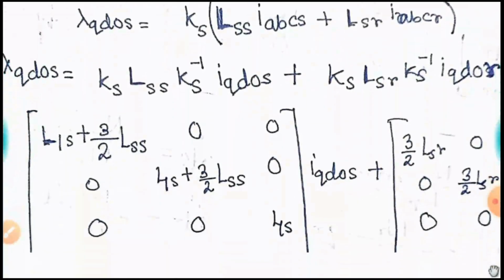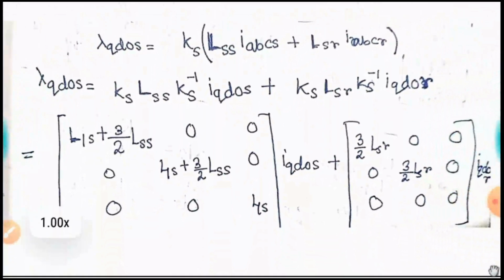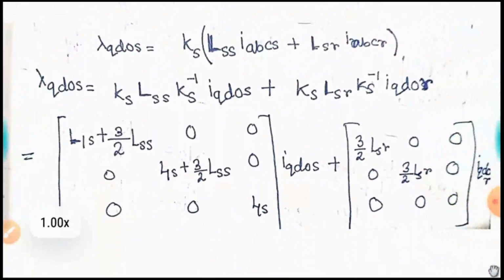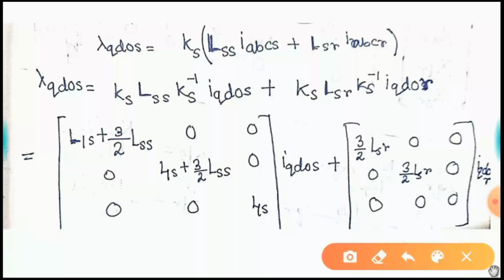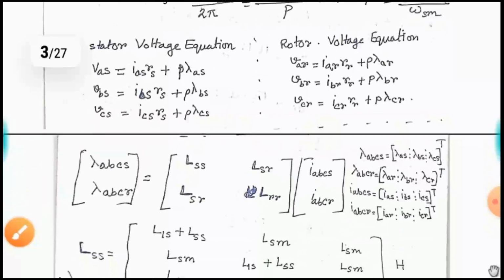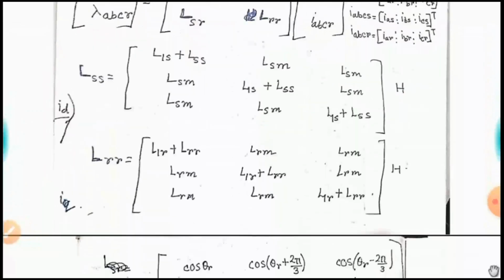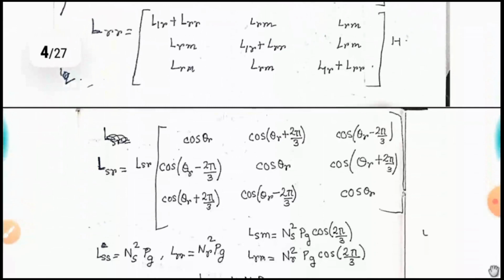And like in the case of the three-phase synchronous machine, here also you can see the main advantage. Previously, if you see lambda qd0s, when we write this equation, all these terms involve theta.